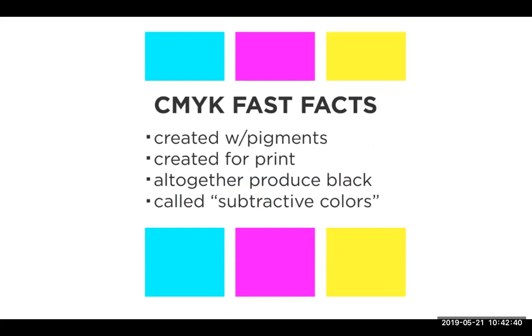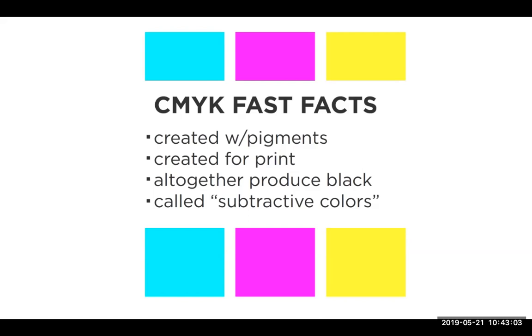But yeah, so what CMYK is, it's color actually created with physical pigments. So inks, paints, markers, anything that has a physical property to it that is not light is generally a CMYK kind of creation, and what you use to represent that.